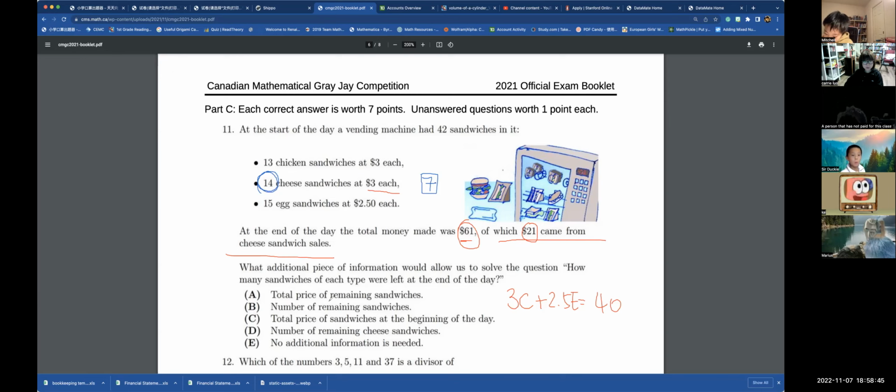Total, right? So let's see, a total price of the remaining sandwiches. Yes, we can calculate it because altogether is 13 times 3 is 39. 14 times 3 equals 42.